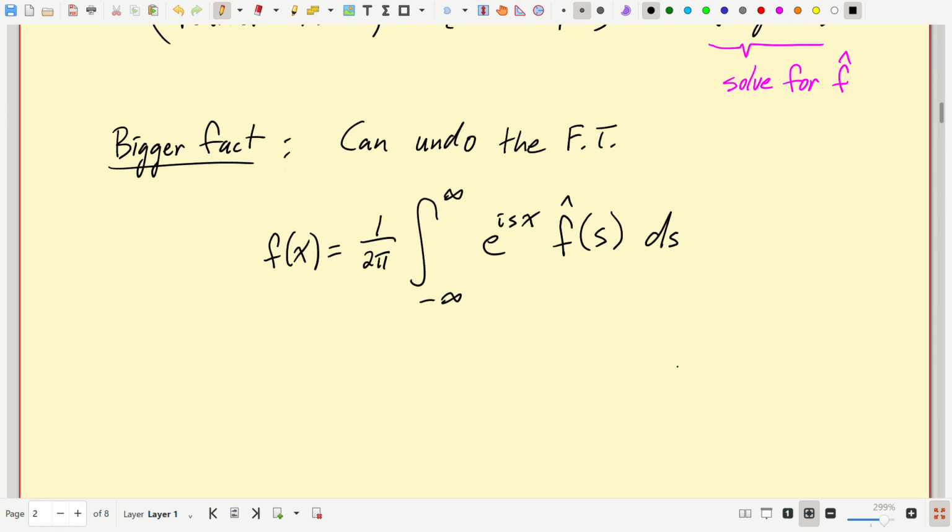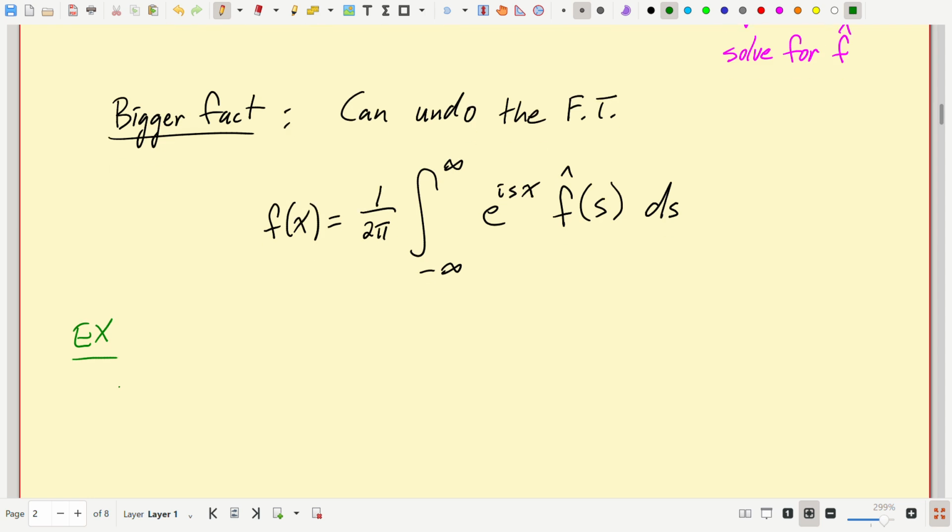I'm not going to demonstrate the Fourier transform facts, but I'm going to show you that now we can use the residue theorem to calculate a famous Fourier transform. Let's calculate this. I'm going to make my life easier and take an e to the i s x over x squared plus 1 dx from minus infinity to infinity.